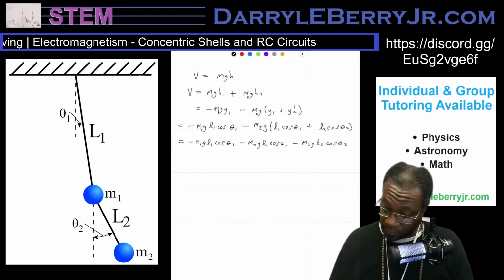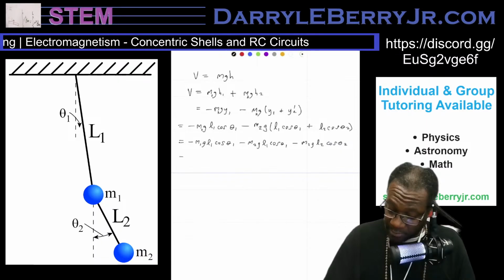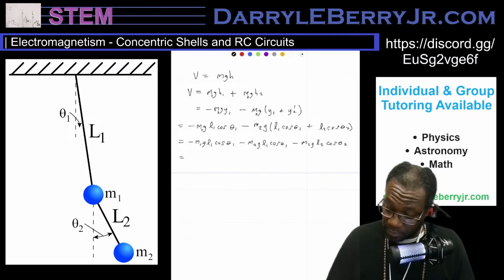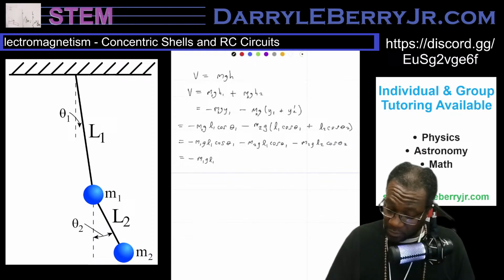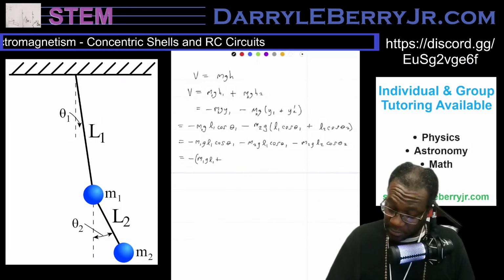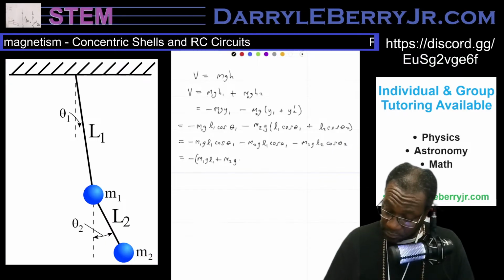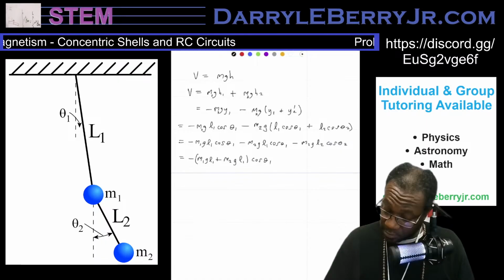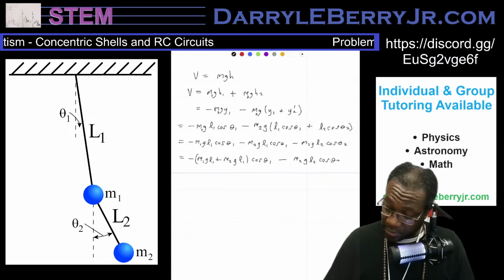So that means we have negative m1 g L1 plus m2 g L1 cosine theta 1 minus m2 g L2 cosine theta 2.